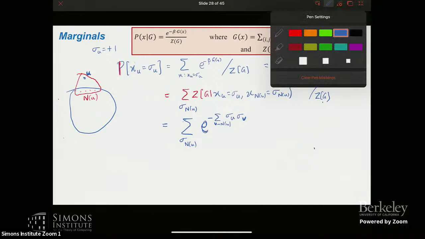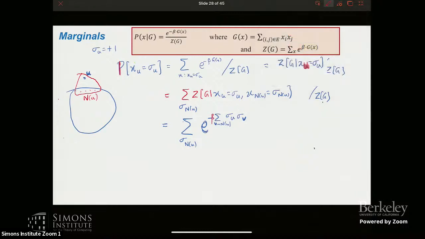Every term in the neighborhood is fixed, because all the edges have both endpoints fixed. And then you have the rest of the graph. Let me call that g minus u of x.